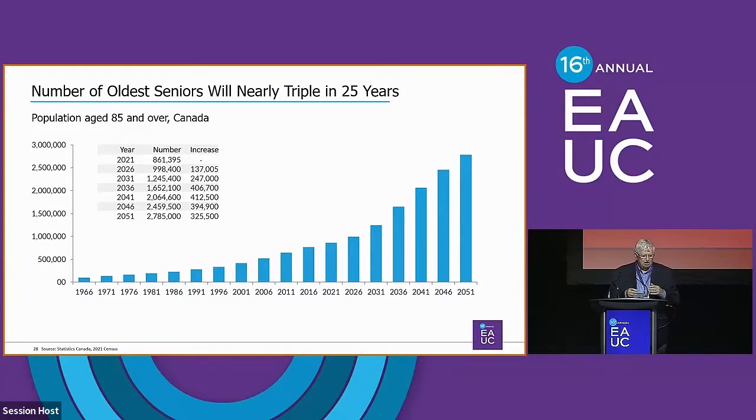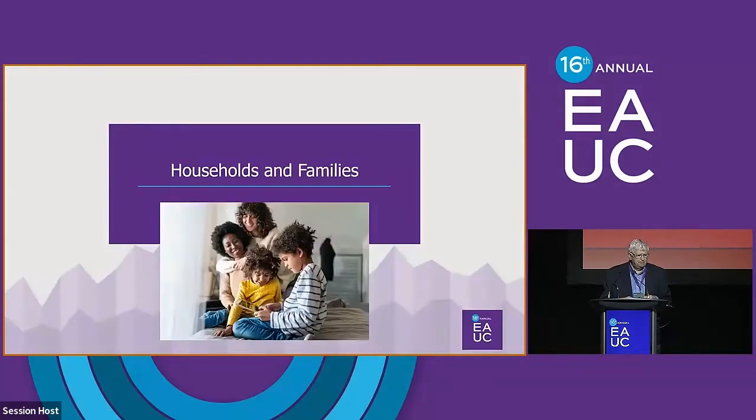I saw a study from the Alzheimer's Association which tracked the projection of the number of people with dementia in the country, now about 600,000 to 700,000, showing that it's going to triple as well, following exactly this pattern over the next 30 years. So many, many challenges for our older population.